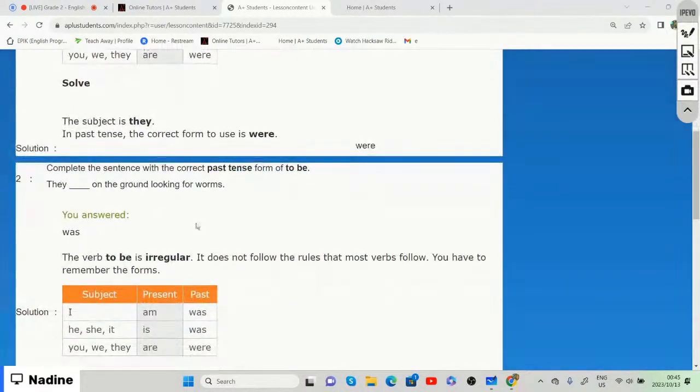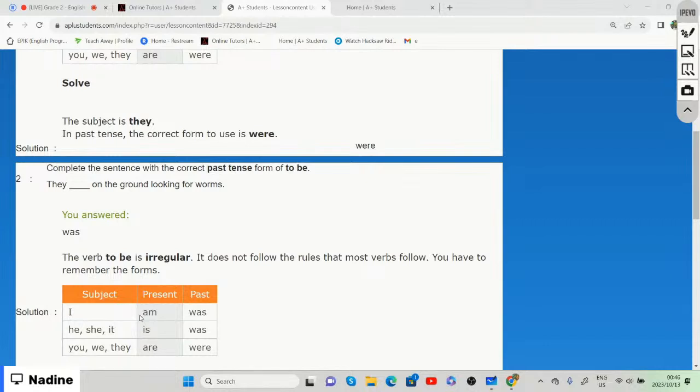And if we complete the sentence in the correct past tense form of to be, then we either say they on the ground looking for worms. Is that now in the present or in the past? Actually, in the past. So do we say they was or they were on the ground looking for worms?